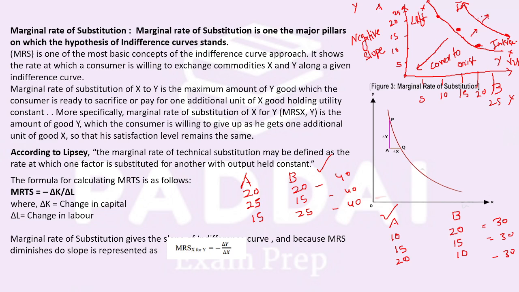As you move upward, so when you are moving this way, left to right, upwards, the satisfaction keeps on increasing. Here my satisfaction is 30, here it is 40, above 50. Now, these are the different properties of the indifference curve. Now, why does the indifference curve show these properties?